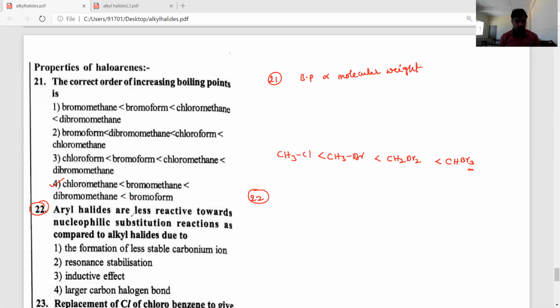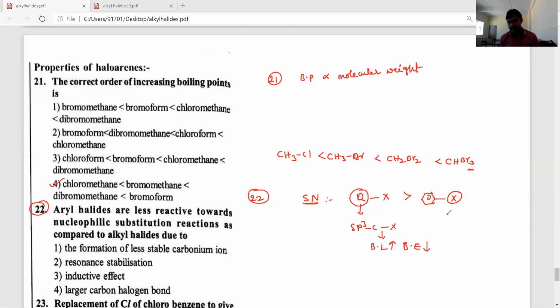Aryl halides are less reactive towards nucleophilic substitution reactions when compared to alkyl halides. What is the main reason, dear students? For example, in SN reactions, nucleophilic substitution reactions, alkyl halides are more reactive when compared to aryl halides. The first reason: in alkyl halides, the halogen is attached to an sp3 carbon, its bond length is more and bond energy is less.